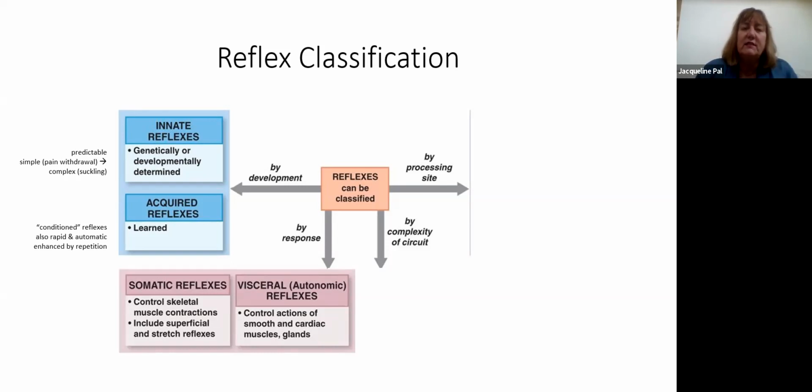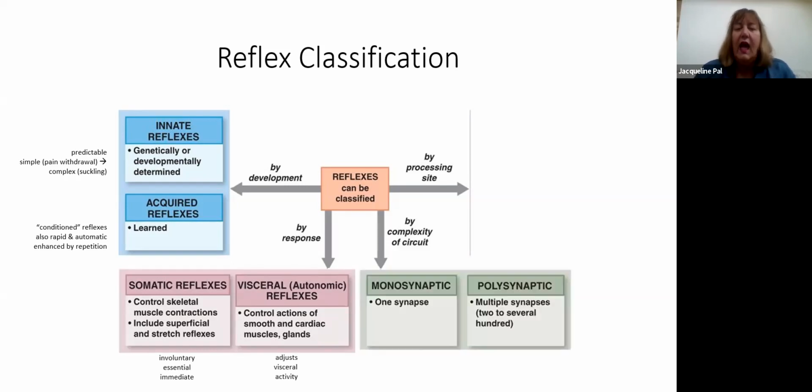The third classification is by complexity of the circuit. And the simplest are going to be those that are monosynaptic, where you only have 1 synapse, mono being a prefix that means 1. And the 1 synapse is going to be sensory neuron to motor neuron. 1 synapse there at all, between neurons, okay?